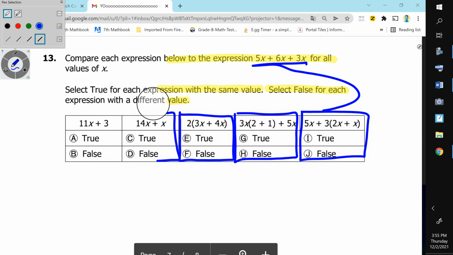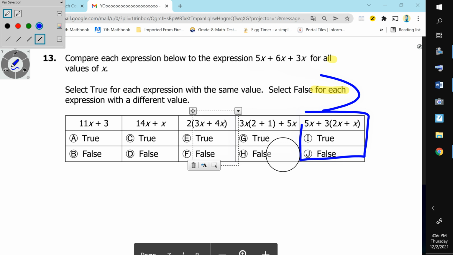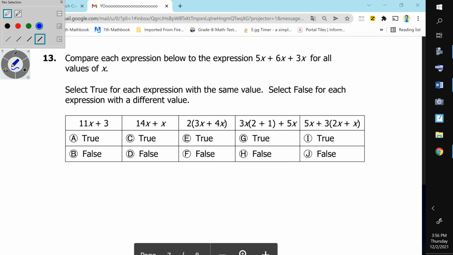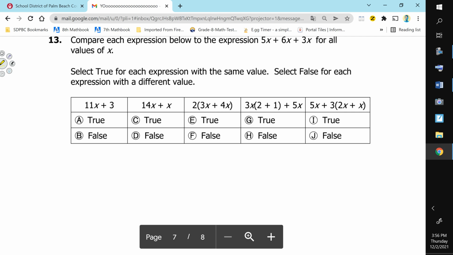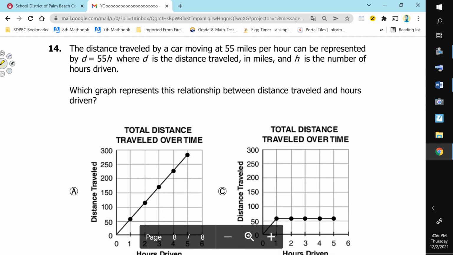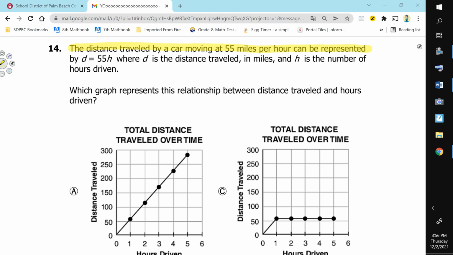And then the last question, number 14. The distance traveled by a car moving at 55 miles per hour can be represented by d equals 55h, where d is the distance traveled in miles, and h is the number of hours driven.